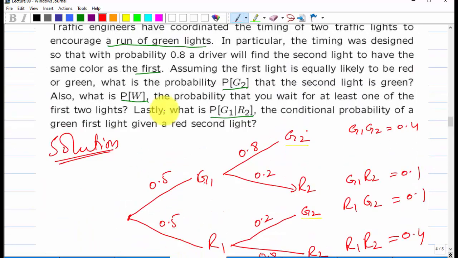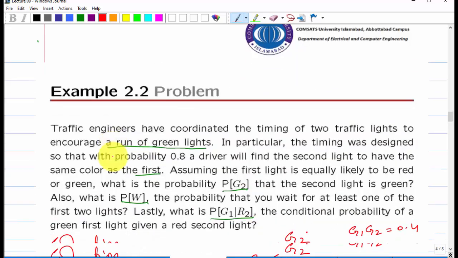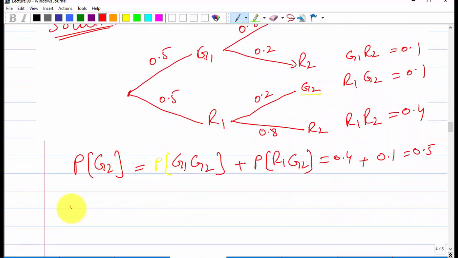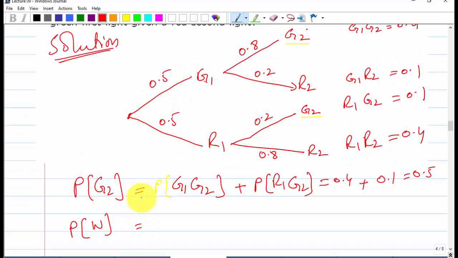Next it asks us: what is the probability of W, the probability that you wait for at least one of the first two lights? Obviously we will not get both same lights, because then we would not have to wait. So we will have the G1 R2 event, R1 G2, and R1 R2. The union of all these three events will give us the probability of waiting.